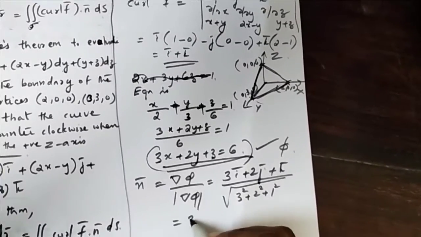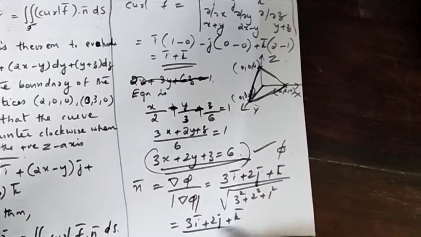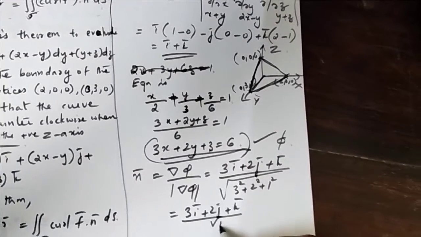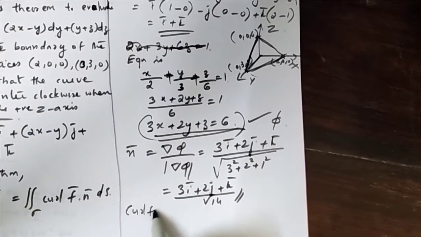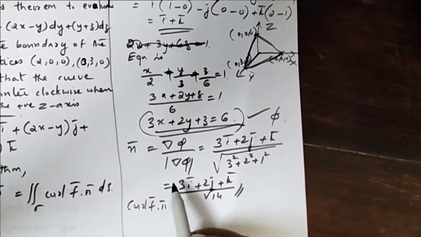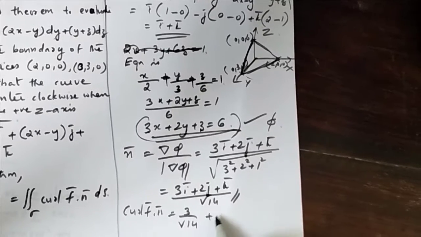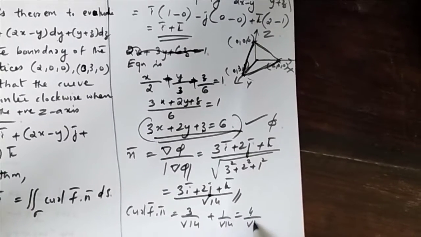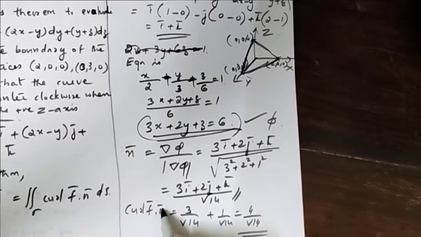That is (3i plus 2j plus k) by root of 9 plus 4 plus 1, root 14. So this is n. So what is curl F dot n? Curl F dot n is 3 by root 14 plus 1 by root 14. That is 4 by root 14. So curl F dot n is 4 by root 14.